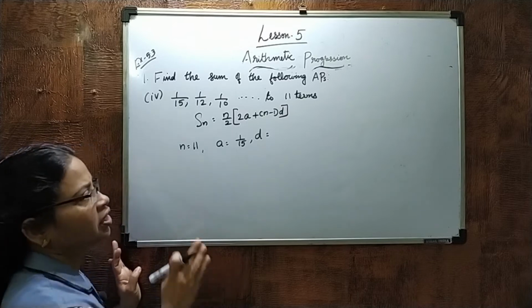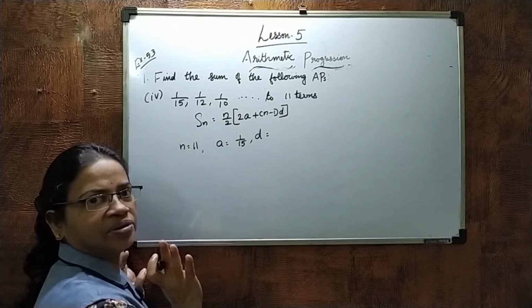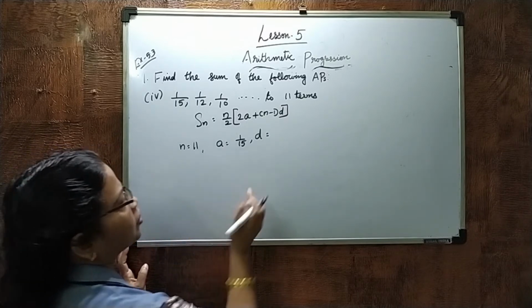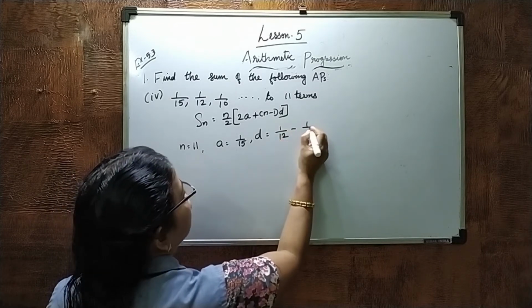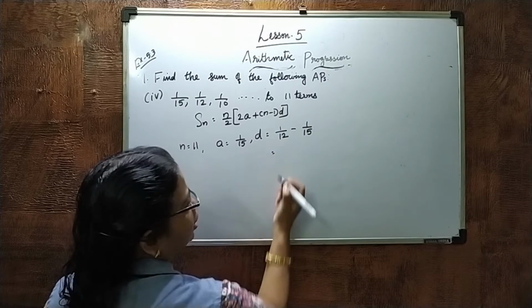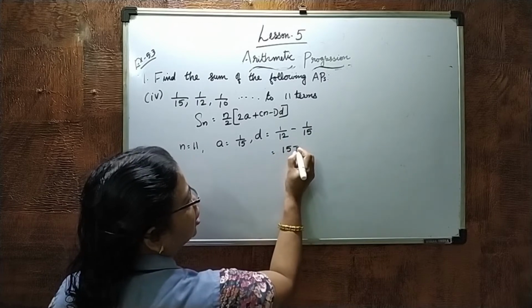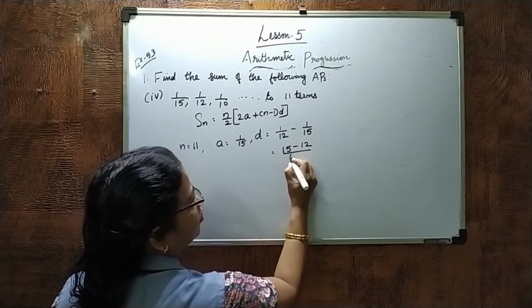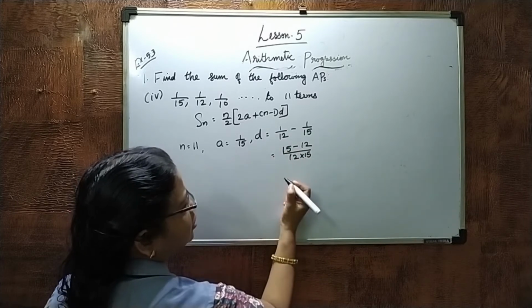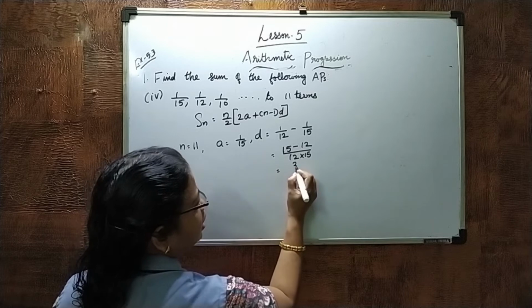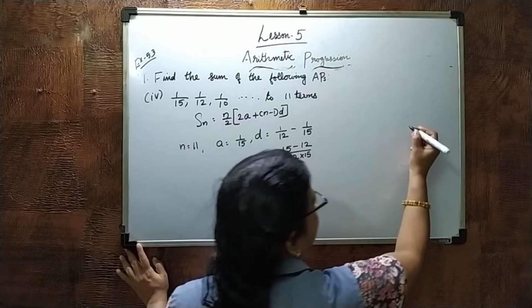Only 3 things: n, a and d. Then we can apply for the sum. So d is equal to a2 minus a1, 1 by 12 minus 1 by 15. You will get 15 minus 12 divided by 12 into 15. Right. So what is 15 minus 12? It is 3 by 12 into 15.